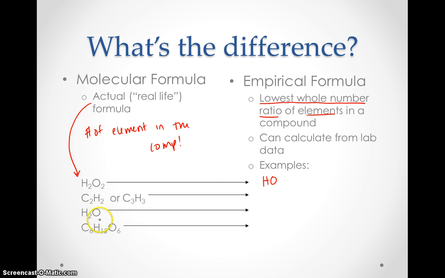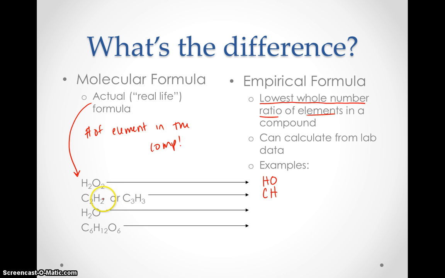So let's keep moving on with our examples. If we look at both these examples, C2H2 and C3H3, we see that we can reduce them both down. And in this case, they're both going to reduce to the same empirical formula, which is CH. And that's fine. A lot of your molecular formulas are going to be able to be reduced down to the same empirical formula. So you just have to see what they're both divisible by.